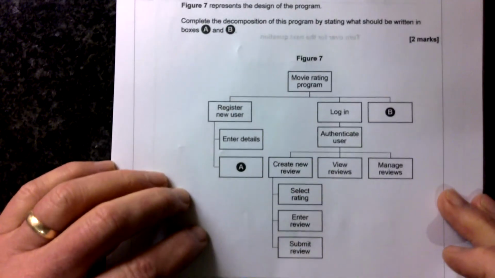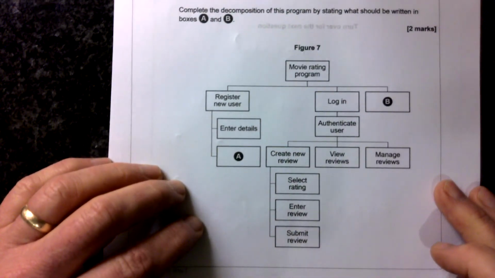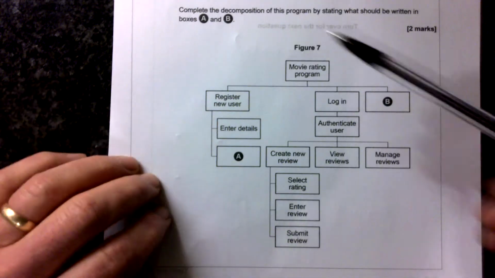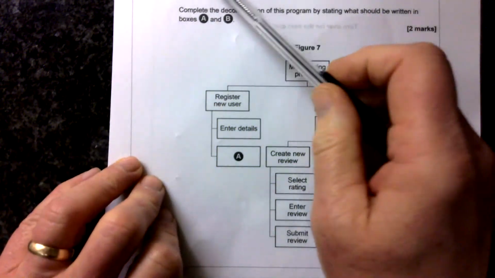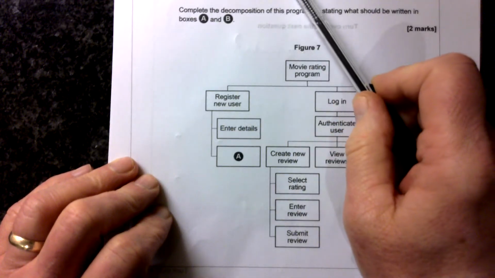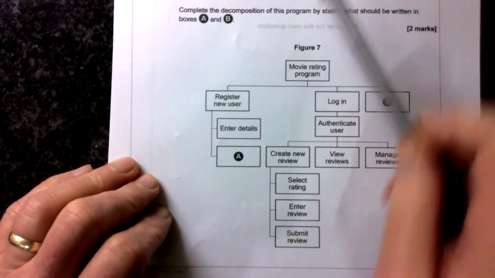Now we've got a diagram here to represent the decomposition of the program. So it's been broken down into smaller parts. Now this is where you have to read carefully. A user will be able to register, log in, and log out of the program.